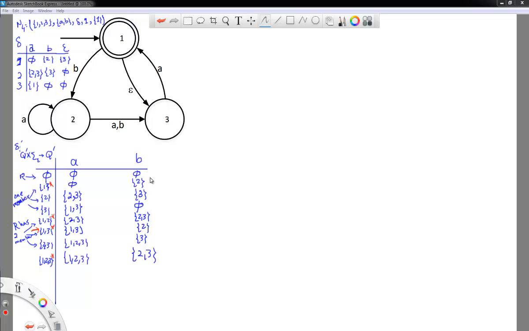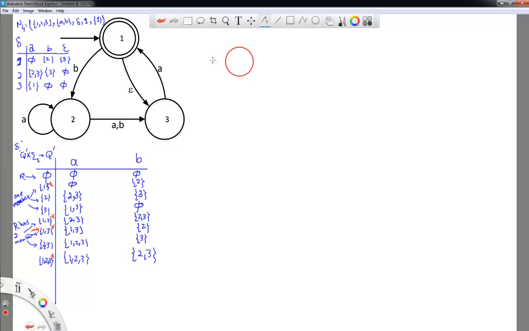Okay, so now that we created the transition table for our automaton, the DFA, let's go ahead and make it. I'm going to use the red color, it's going to be a bit better to see.